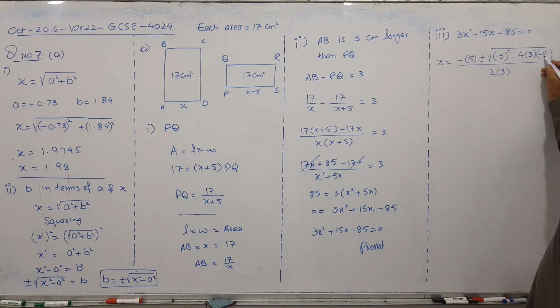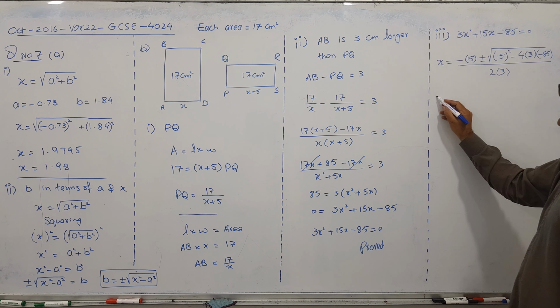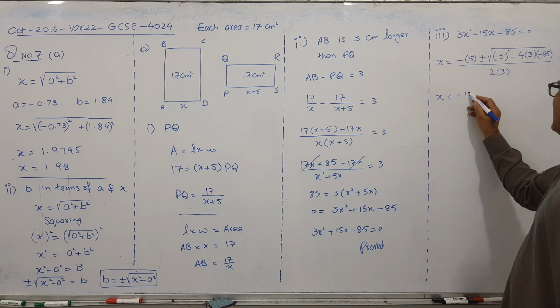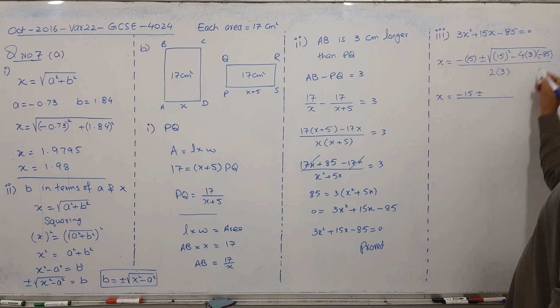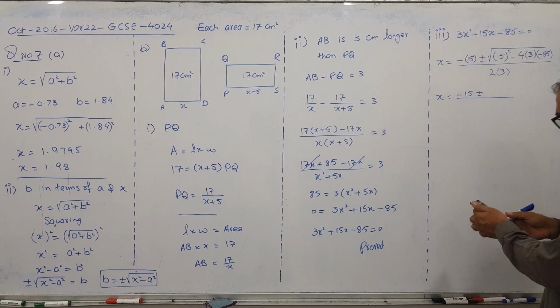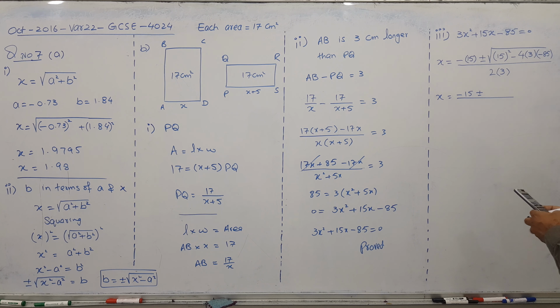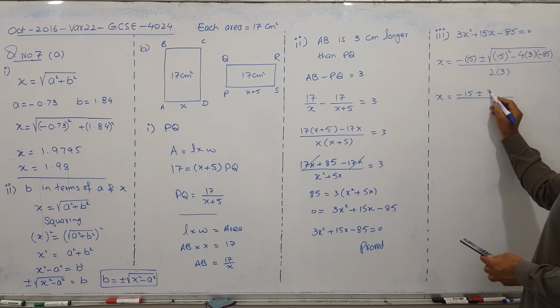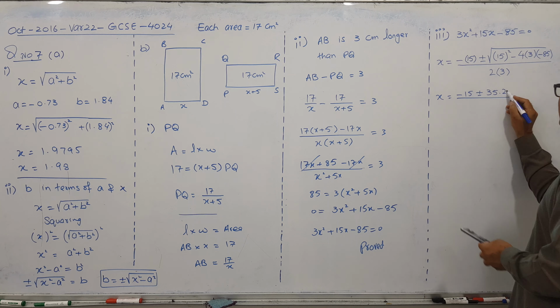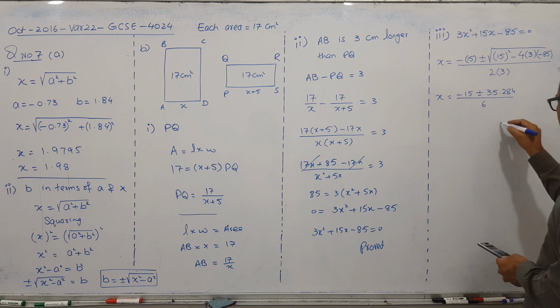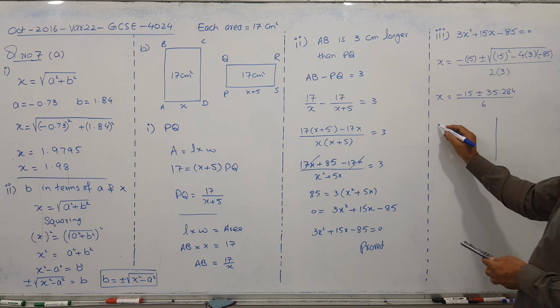This minus 85 comes here. And as I said before, you have to type this carefully with a root. So let me type it for you, and the answer is coming 35.284 by 6.